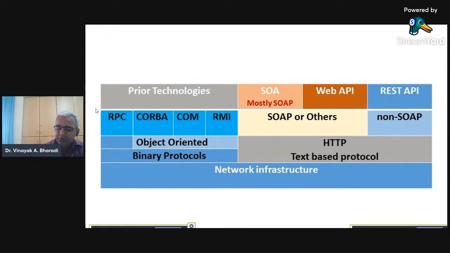So prior technologies were there. I'll show you what. Suppose this is a laptop, for example. I am working on this laptop, and there is some program running here, maybe adding numbers a plus b. This is a simple thing.